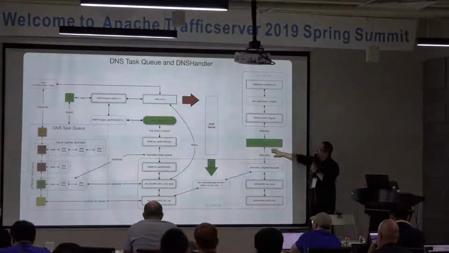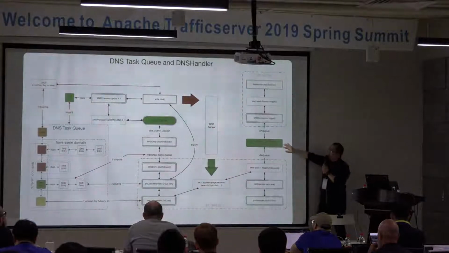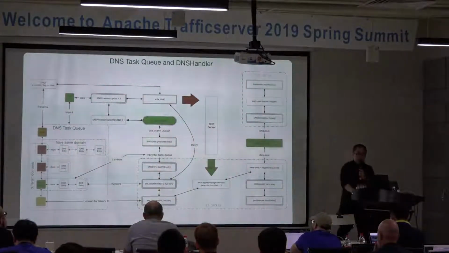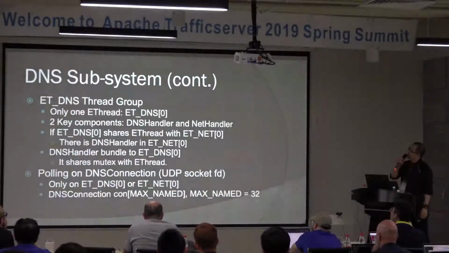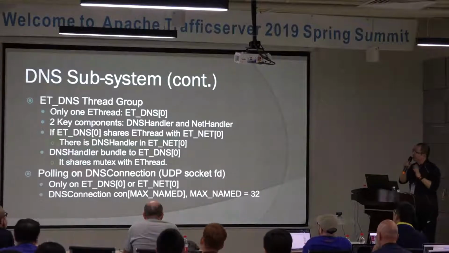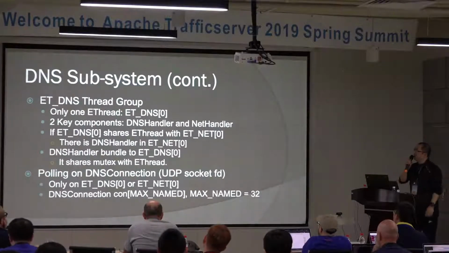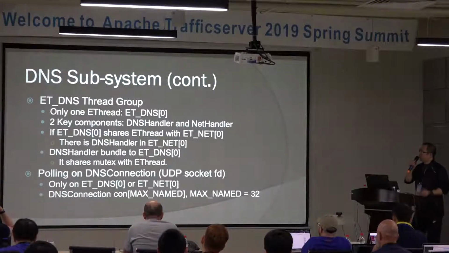There is a DNS connections internal queue, and in the Ethernet thread group, there is only one E thread. It's ETDNS0, and it has two key components: a DNS handler and a net handler.